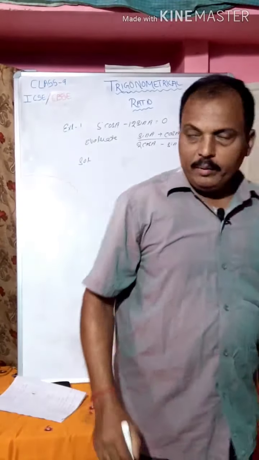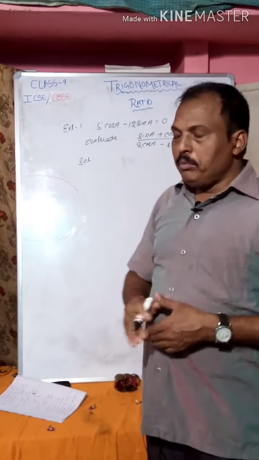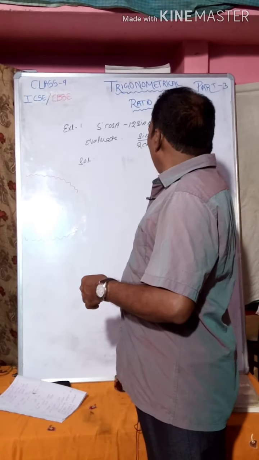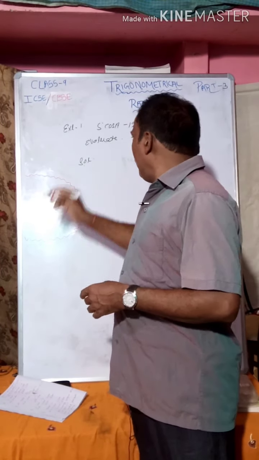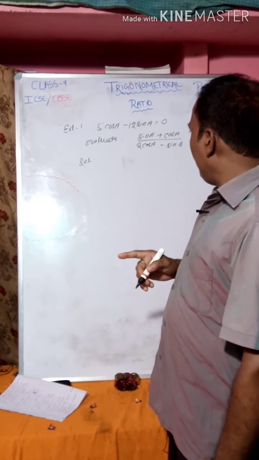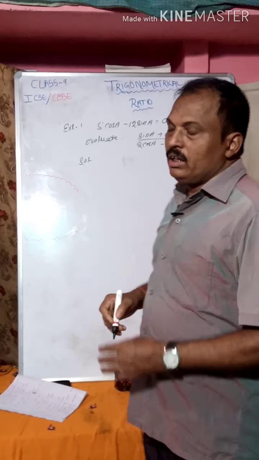Here it is given 5 cos A minus 12 sin A is equal to 0, and we have to evaluate sin A plus cos A divided by 2 cos A minus sin A.